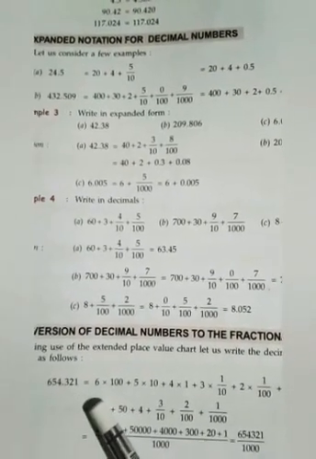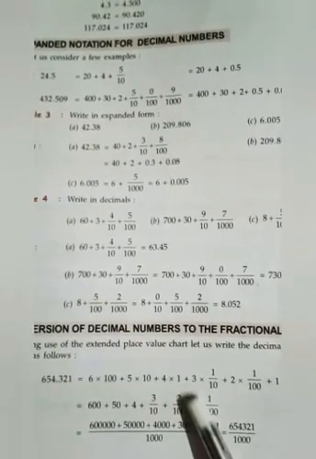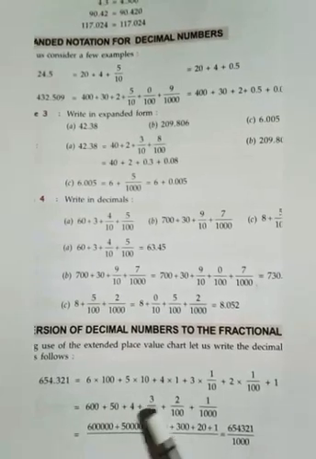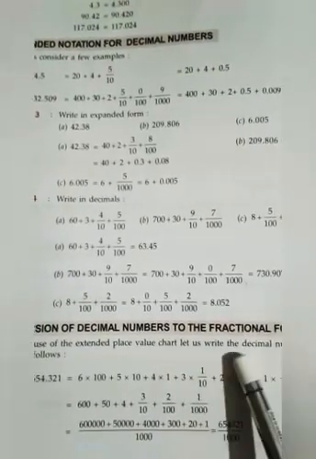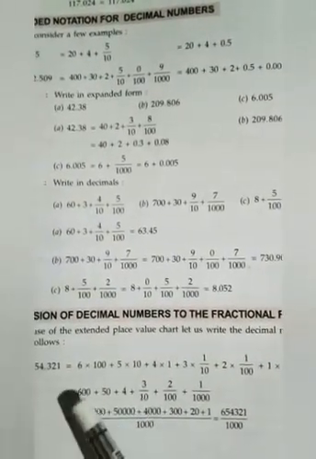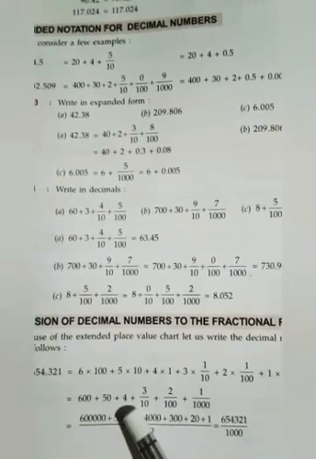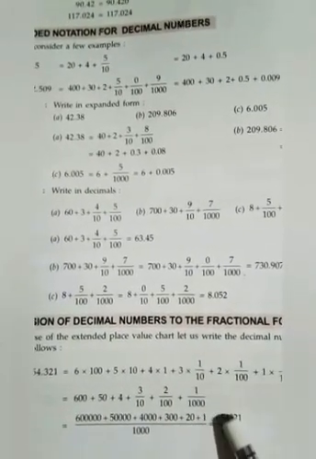So we multiply 6 and 100, then 5 and 10, 4 and 1. Then in the decimal part we multiply 3 with 1 by 10, then 1 by 100, then 1 by 1000. Then we get 600 plus 50 plus 4 plus 3 by 10 plus 2 by 100 plus 1 by 1000.